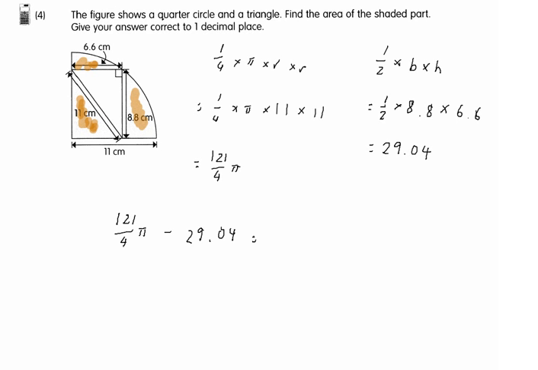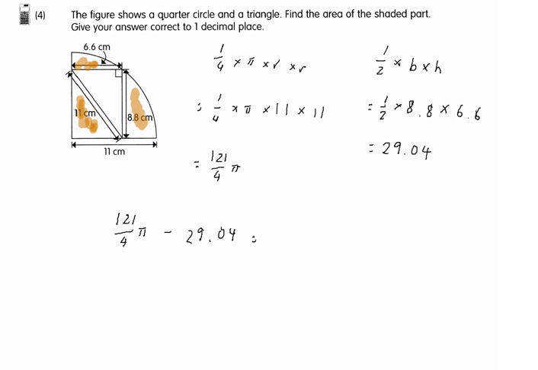So, children, please take note. This pi means 121 over 4 multiplied by pi, okay? When I write 121 over 4 pi, it means 121 over 4 multiplied by pi. Okay, Ken? Lauren, any question?